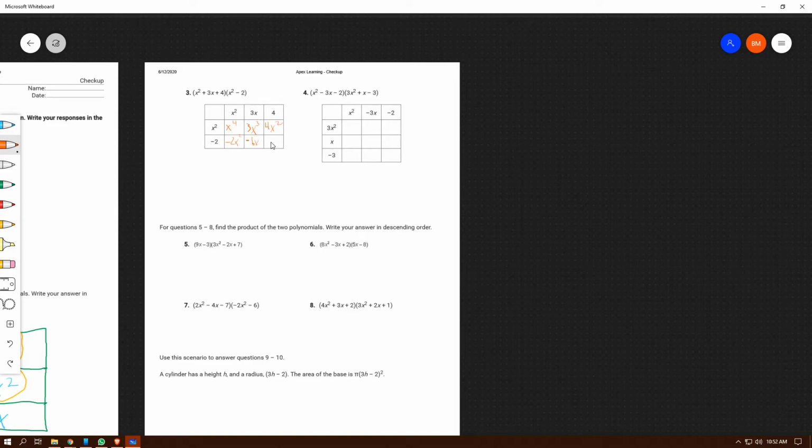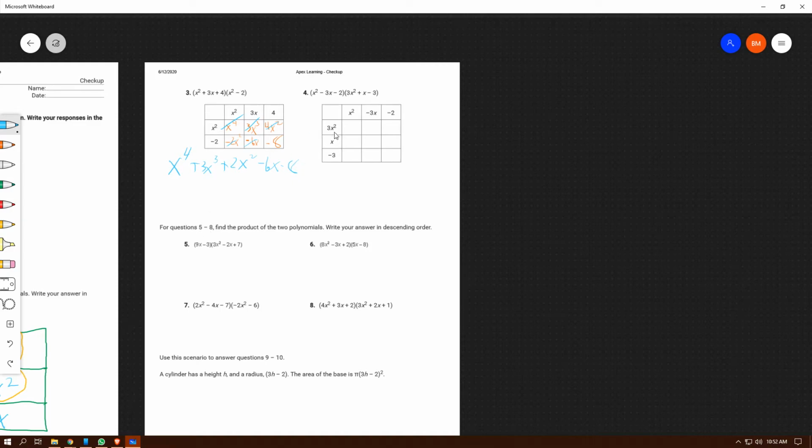And then 4 times negative 2 is going to be negative 8. Well, now I don't have diagonals that are like terms, so I just kind of got to go with it. We'll have x to the 4th, I have a 3x cubed, I have these 2x squared, so that's going to be a 2x squared, minus 6x, minus 8.